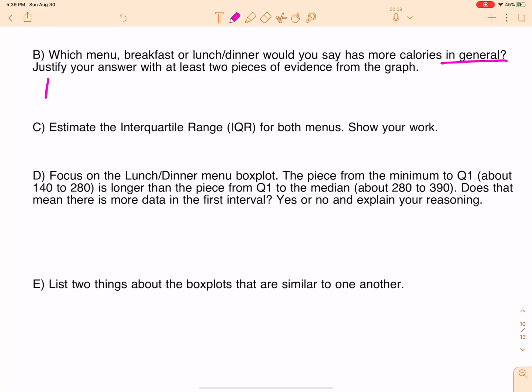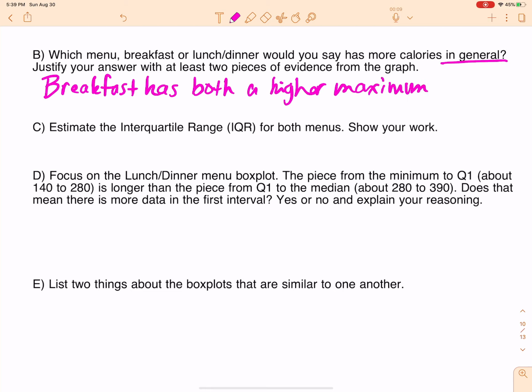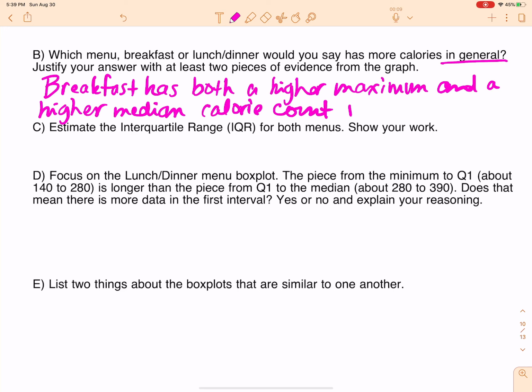So breakfast has both a higher maximum and a higher median calorie count than lunch, dinner.